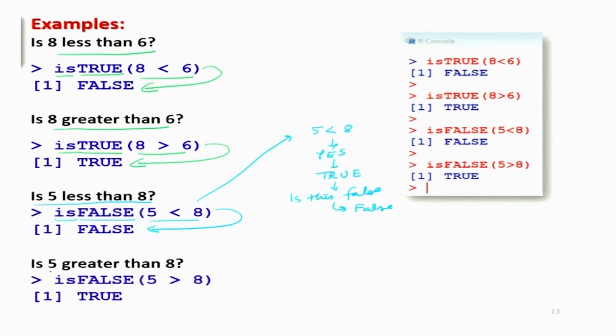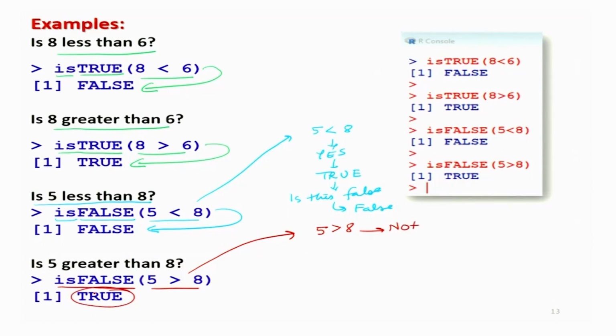Similarly, if you try to use the condition is false 5 greater than 8. Once again, if you try to see what is happening, 5 is greater than 8. Is this correct? No, this is not true, but the answer here is true.